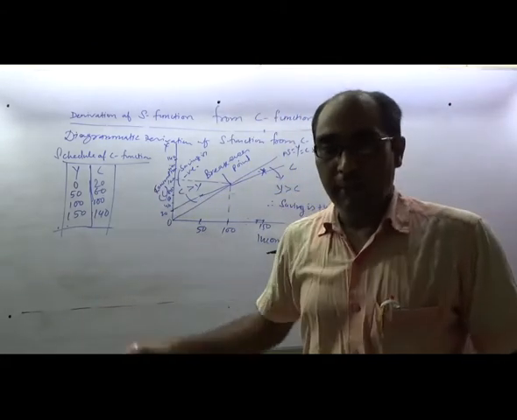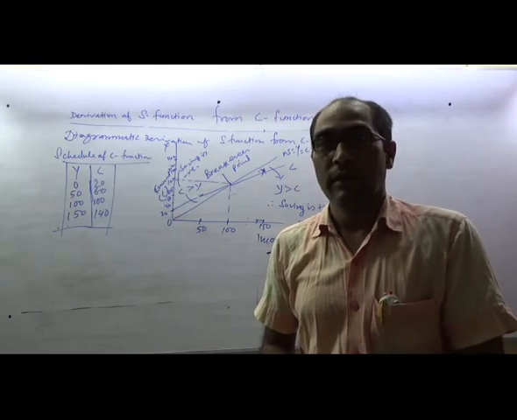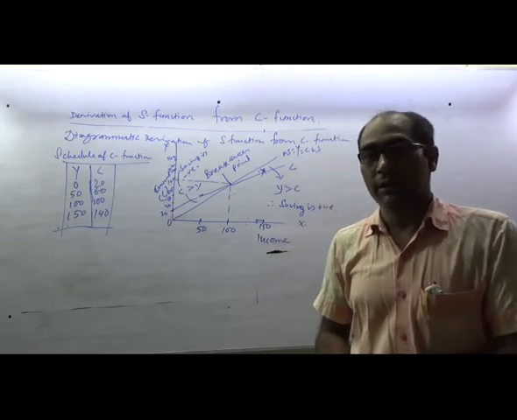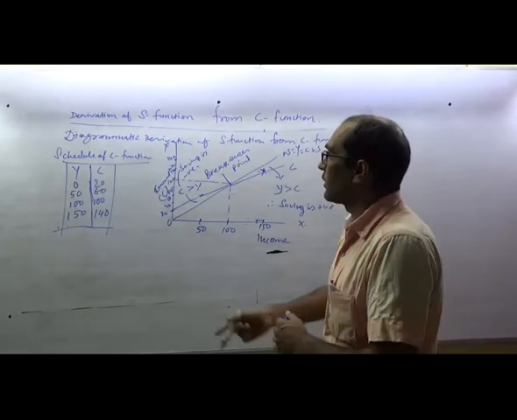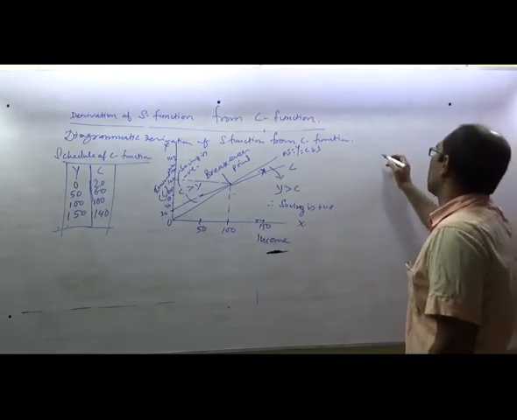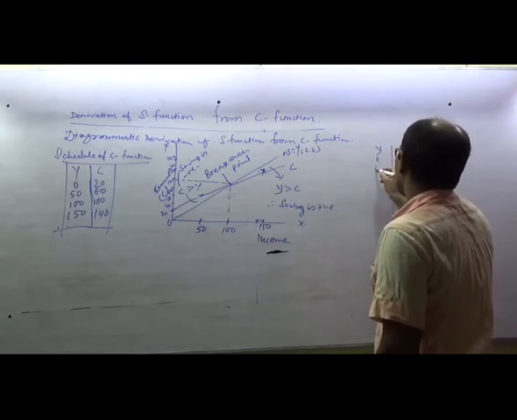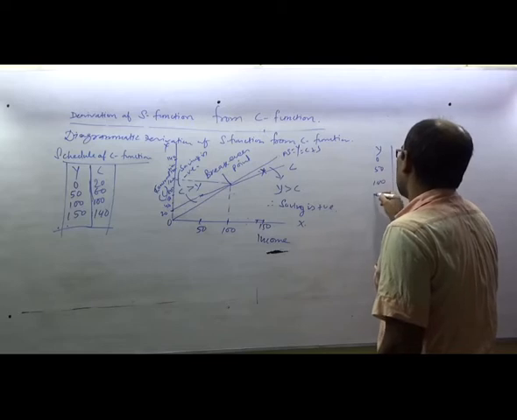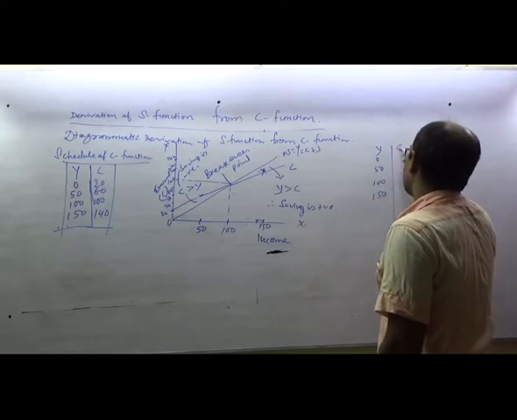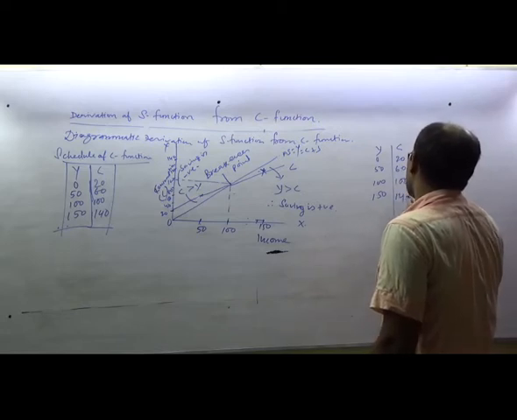So, from the given C function, we have to derive the S function. So, apply the same data. What do we have to calculate? The value of Y given: 0, 50, 100 and 150. Value of C: 20, 60, 100 and 140.